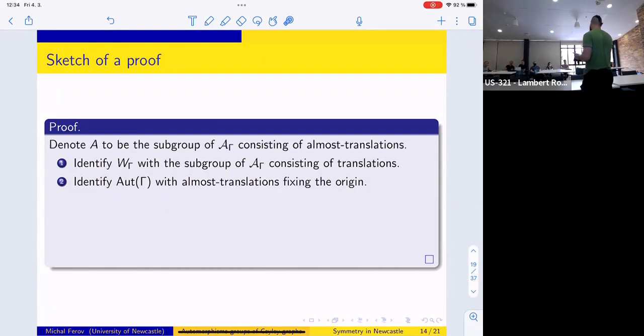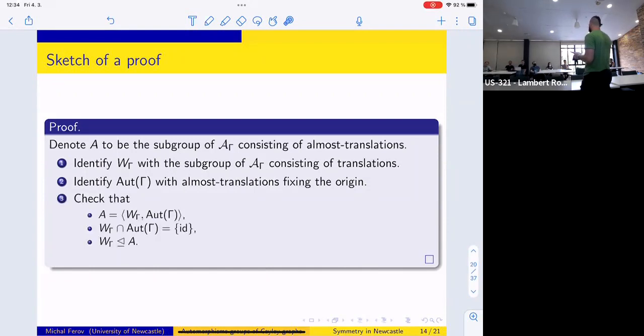You can pick your favorite vertex, I'm just saying the origin because I'm used to saying that. So identify the group of automorphisms of the defining graph with exactly those that fix the origin and have constant local action.